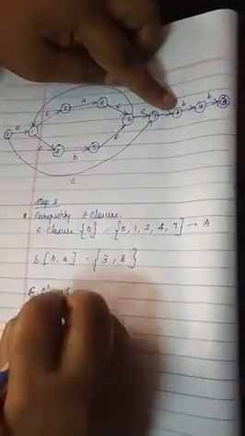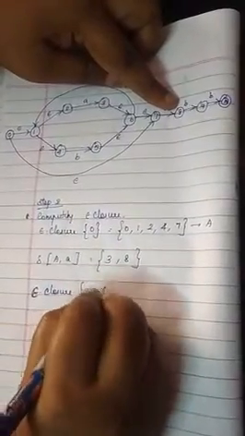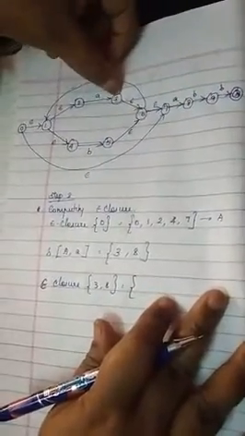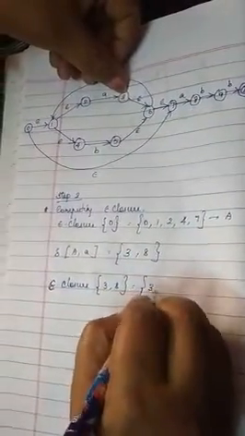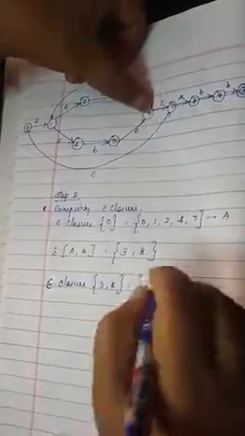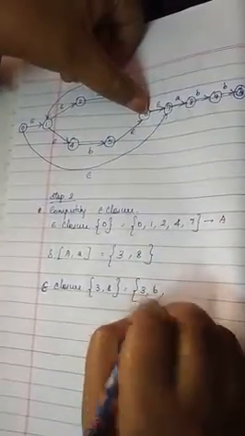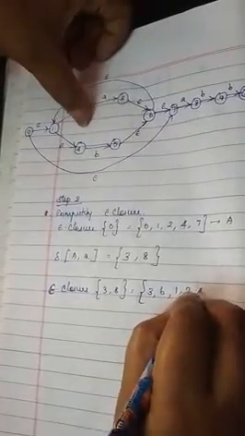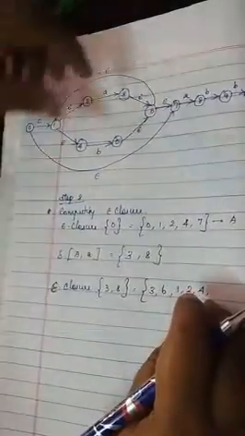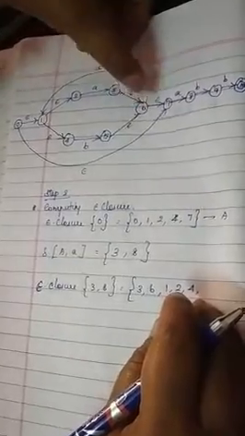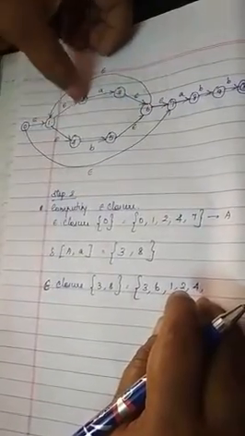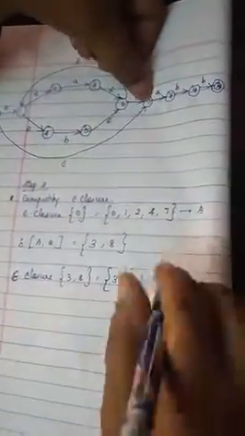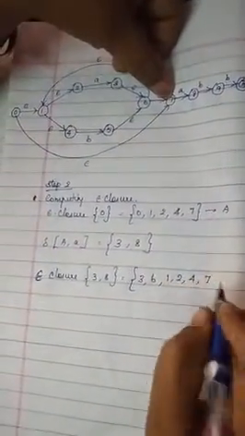Now we have to calculate the epsilon closure for 3 and for 8. Starting with 3 as the initial node: from 3 to 6, 6 to 1, 1 to 2, 1 to 4. From 6 we have another transition to 7.